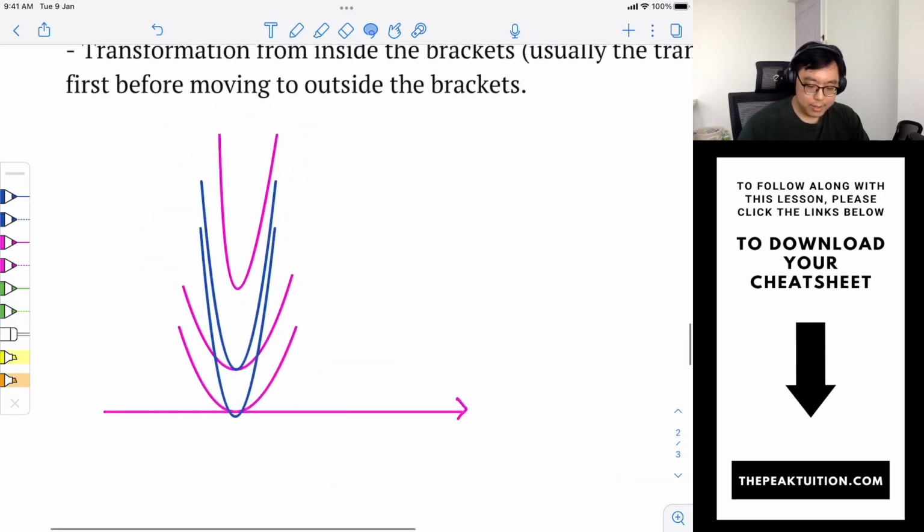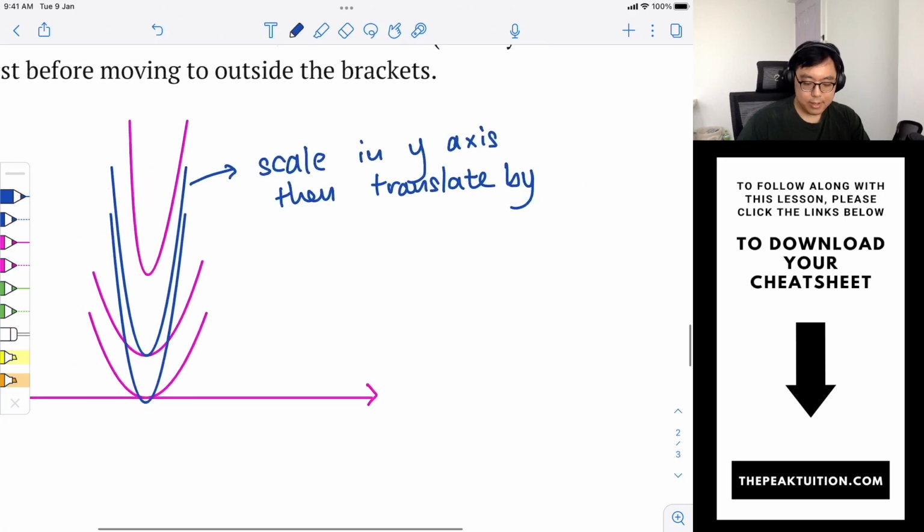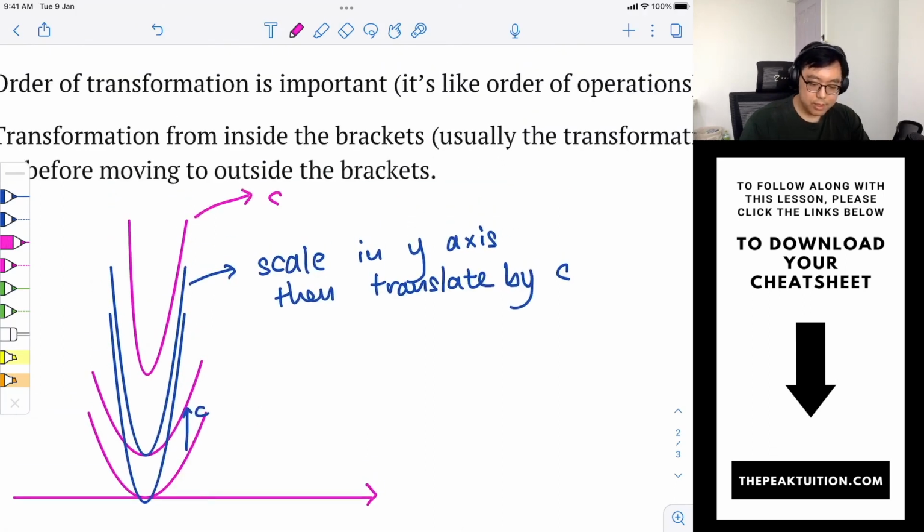The blue graph is when you scale in the y direction first, then translate by C, whereas the pink graph is when you translate by C first, then scale.